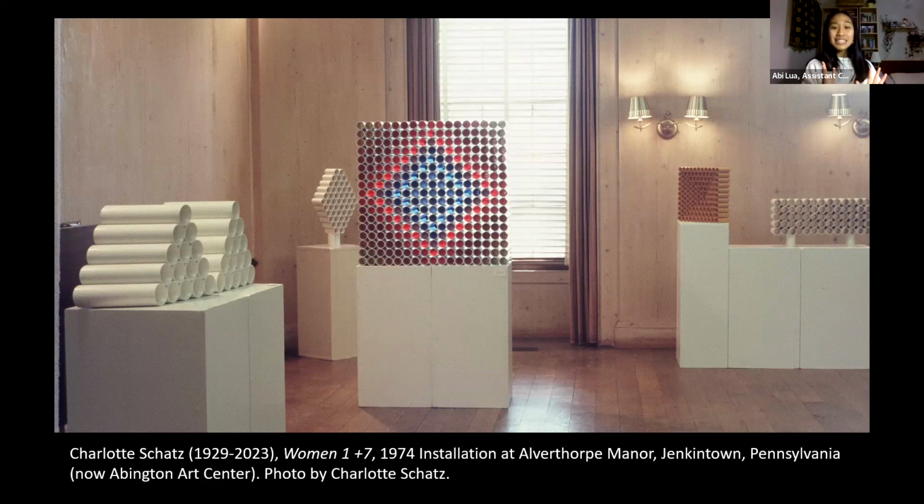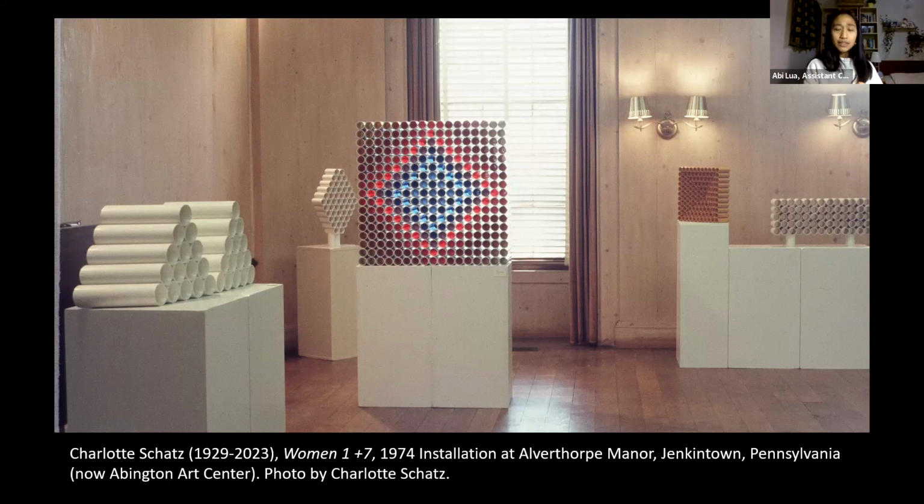This image is just an example of an installation of her pipe environments, as she liked to call them. As you can see, she configured them in so many different ways, whether in a pyramid shape or in a square. But not only did they come in many different configurations, she also played with color.